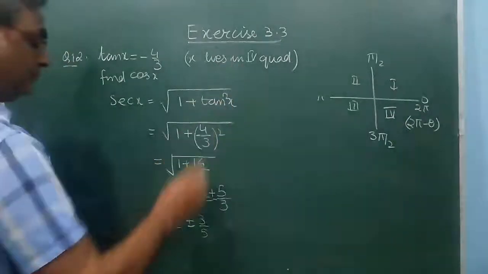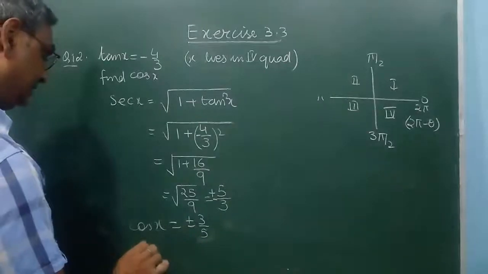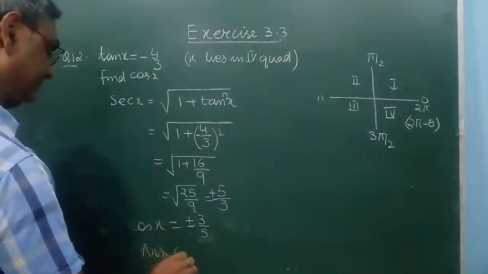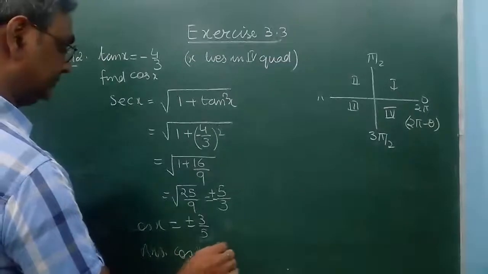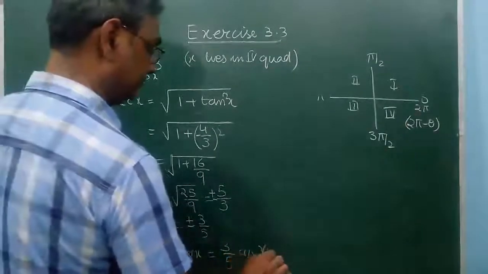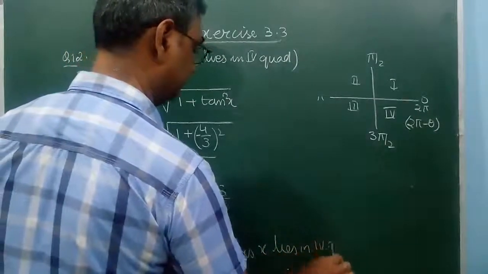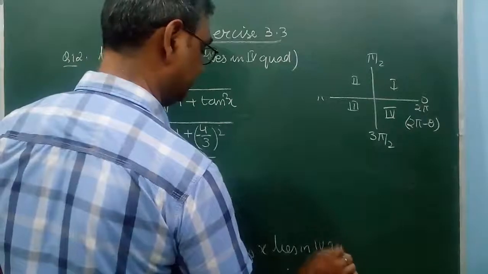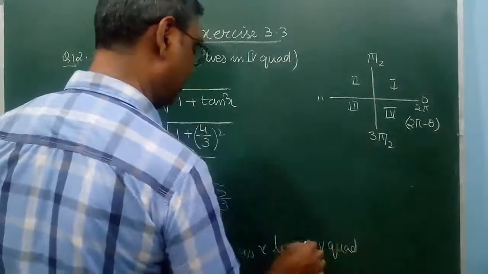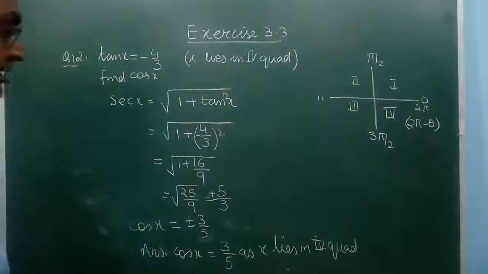But this lies in fourth quadrant, implies our answer in fourth quadrant cos x is positive, so we will be taking 3 by 5. We will not take minus 3 by 5.